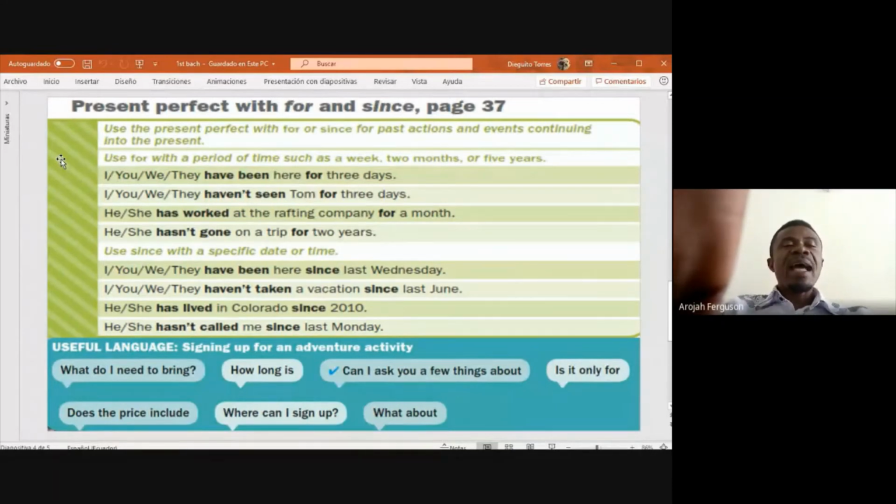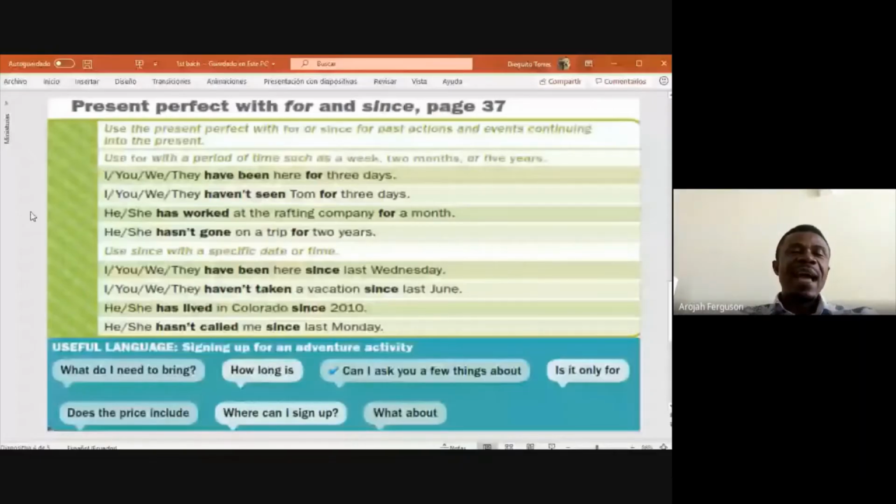We have been here for 3 years. I have been here for 3 years. They have been here for 3 years. Or you have been here for 3 years.